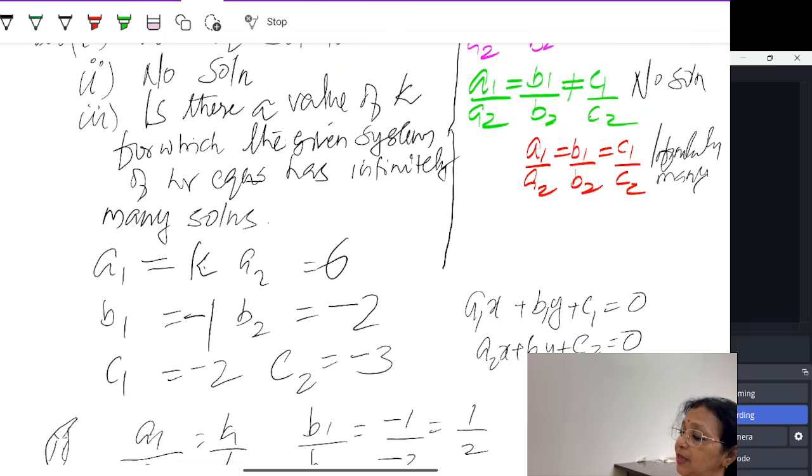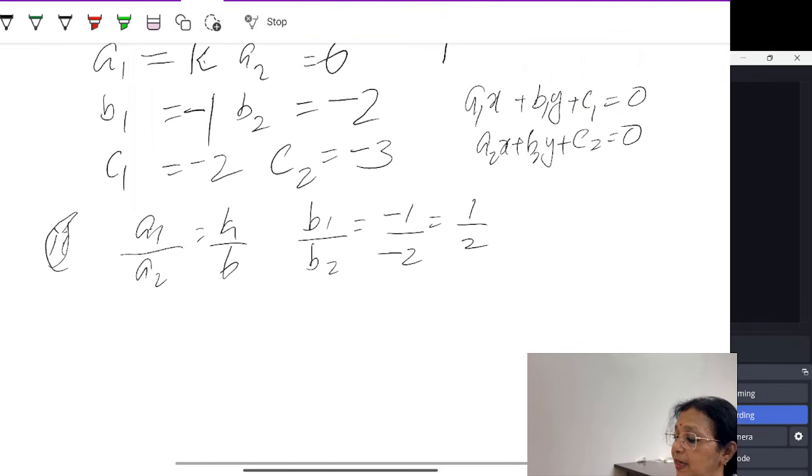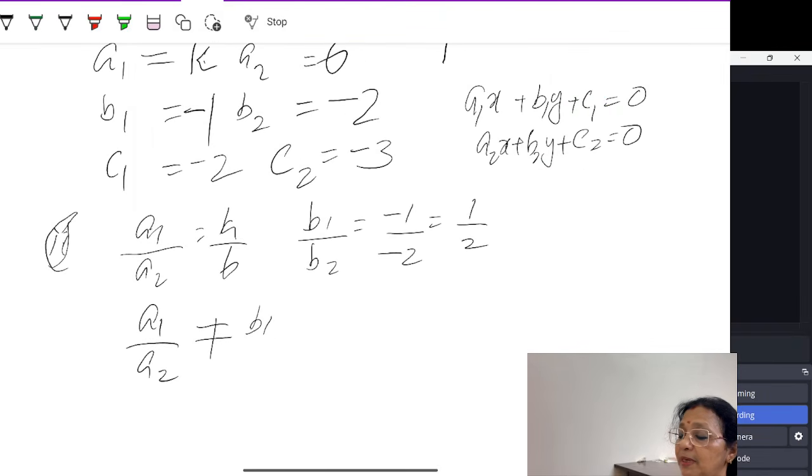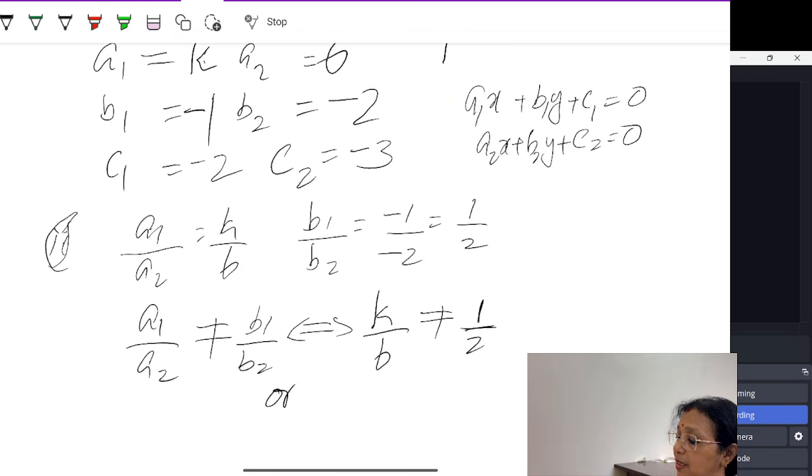So a1 by a2 not equal to b1 by b2 implies k by 6 not equal to 1 by 2, or k not equal to 6 into 1 by 2, that is not equal to 3.